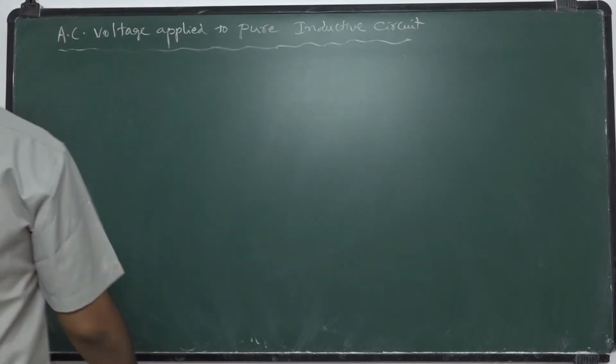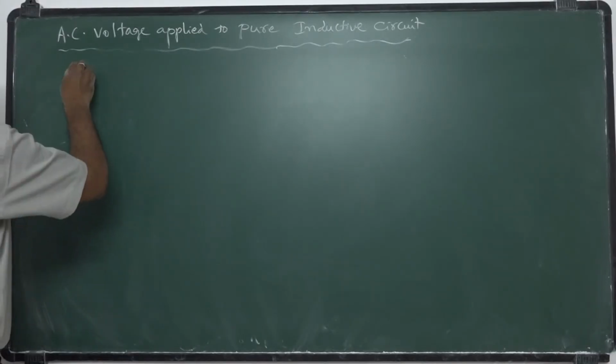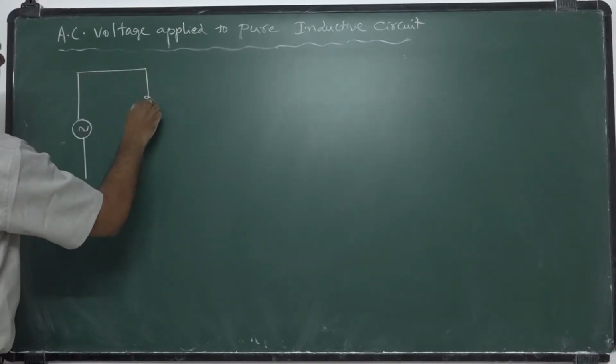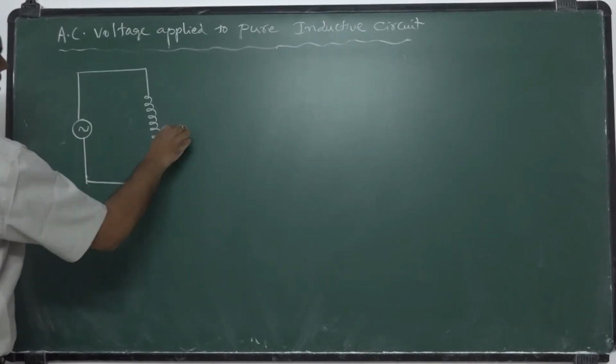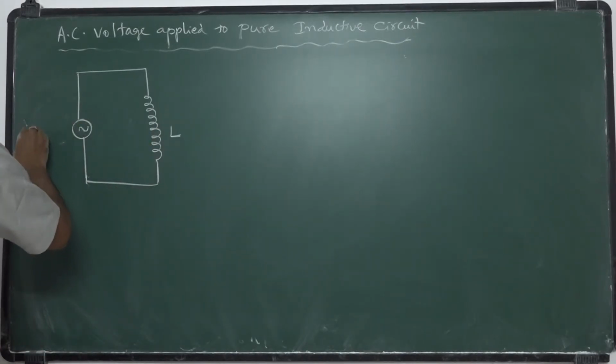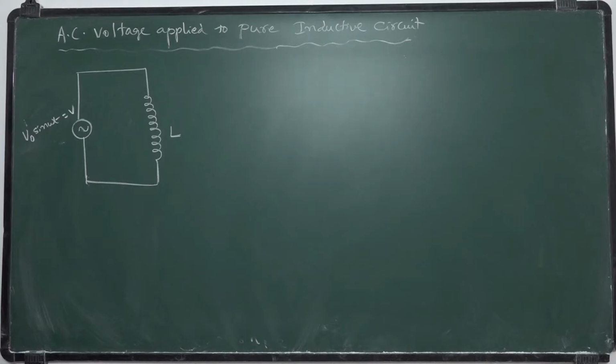I am considering a circuit provided with an alternating current source having only one inductor in the circuit. This is an inductor of inductance L. This is an AC source of applied voltage V naught sin omega t, that is V. V is equal to V naught sin omega t is the applied voltage.